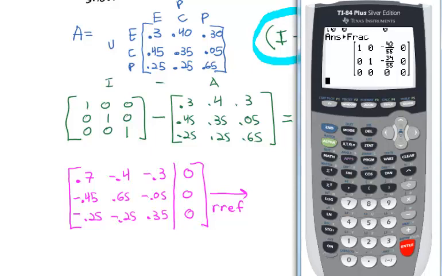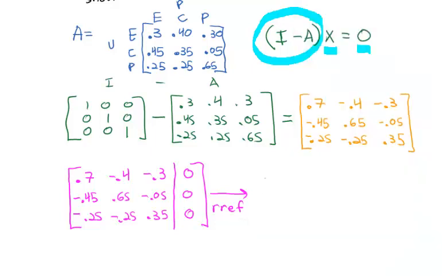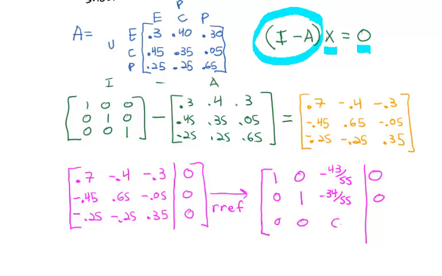And there is our reduced row echelon form. Notice all zeros on the bottom, implying there are infinite solutions. We got 1, 0, negative 43 over 55, 0, 0, 1, negative 34 over 55, 0, and the last row was all zeros.